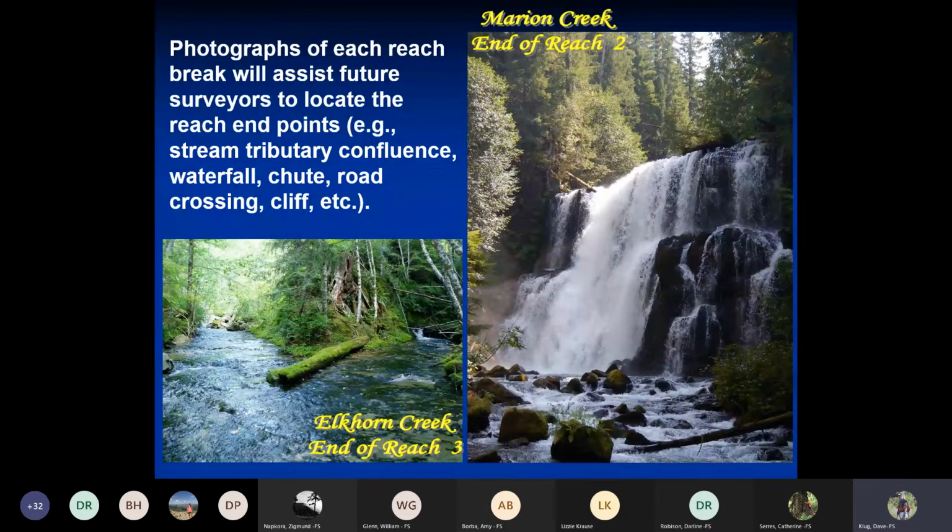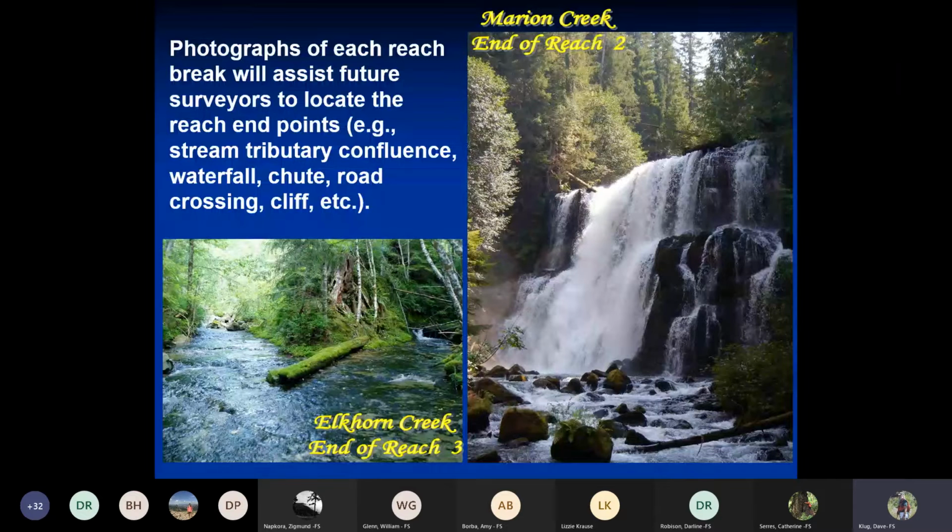Road crossings are often used. Cliffs, not as often, but it can be a place where the channel gradient changes radically at a bedrock niche, like a cliff or something. So yeah, photos are really important, and make sure they're filed away in a place that's documented.